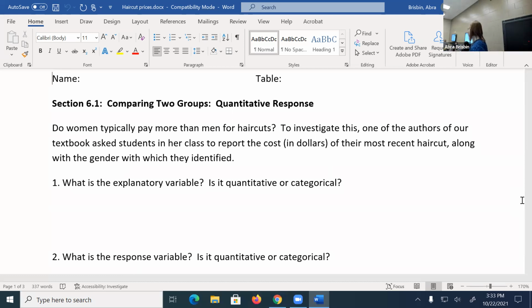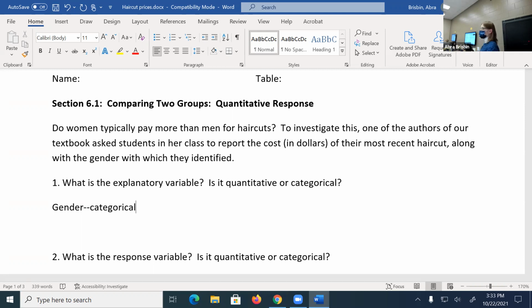All right, let's talk about this. So what is the explanatory variable in this problem? Gender. Yeah, so in this problem, gender is being treated as categorical, dividing the data into two groups.